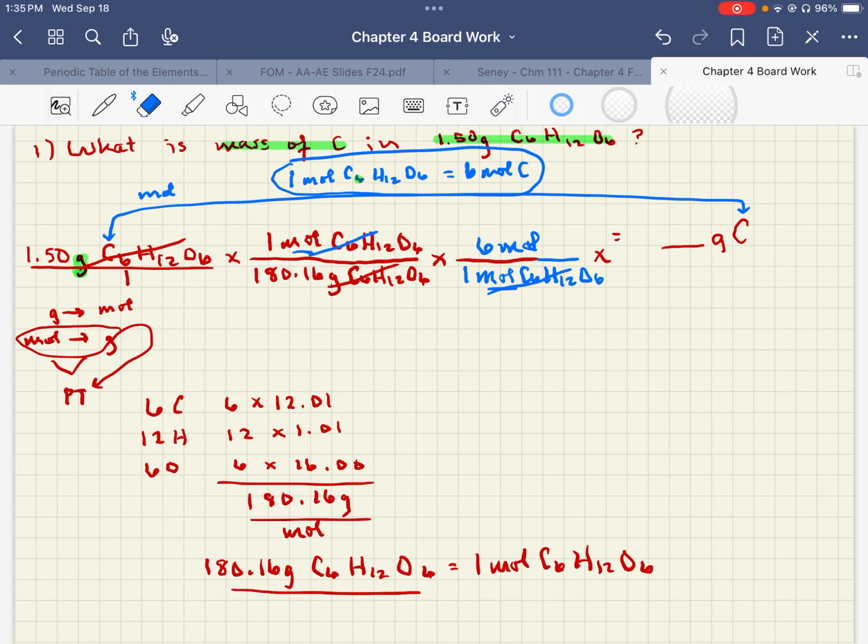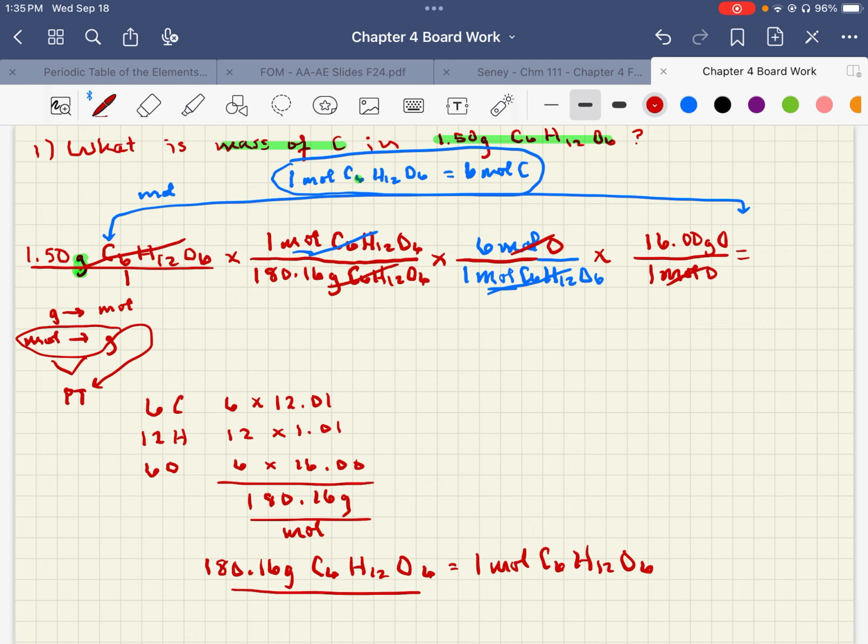To do that last step, I'm going to hide where we're going for a moment. At the periodic table, for every 1 mole of oxygen, there are 16 grams of oxygen. The moles of oxygen cancel, one on top and one on bottom, and that leaves me with an answer that should have 3 sig figs, the mass of oxygen.